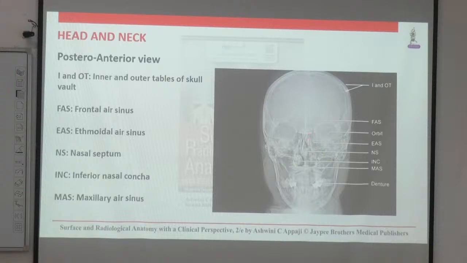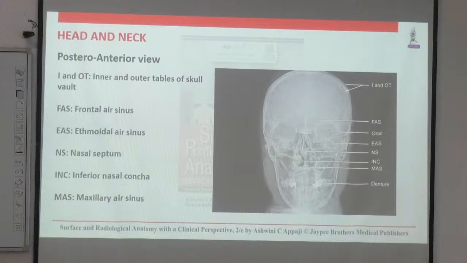Similarly, we have the nose, and deep to the nose we have another air sinus. We call it the ethmoidal air sinus, which is not very obviously visible, but is present in this region. By the side of the nose, we have the cheekbone. We call it the maxilla. In this maxilla as well, we see air sinuses. We call them maxillary air sinuses.